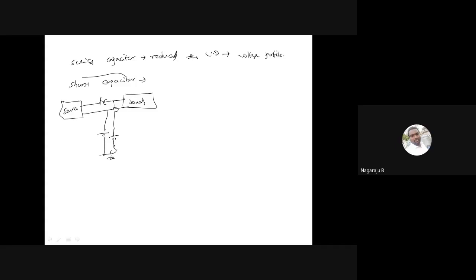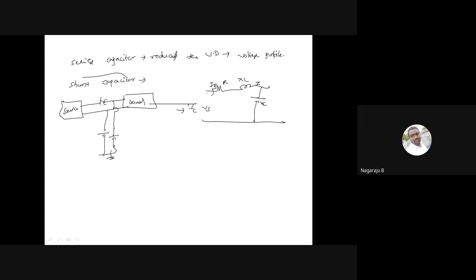When shunt capacitors are connected in parallel with the load, they correct the reactive component of current. So you are going to change the current, involving IC. So you can have a capacitor. So Vs, IR, IS, R, XL, XC.